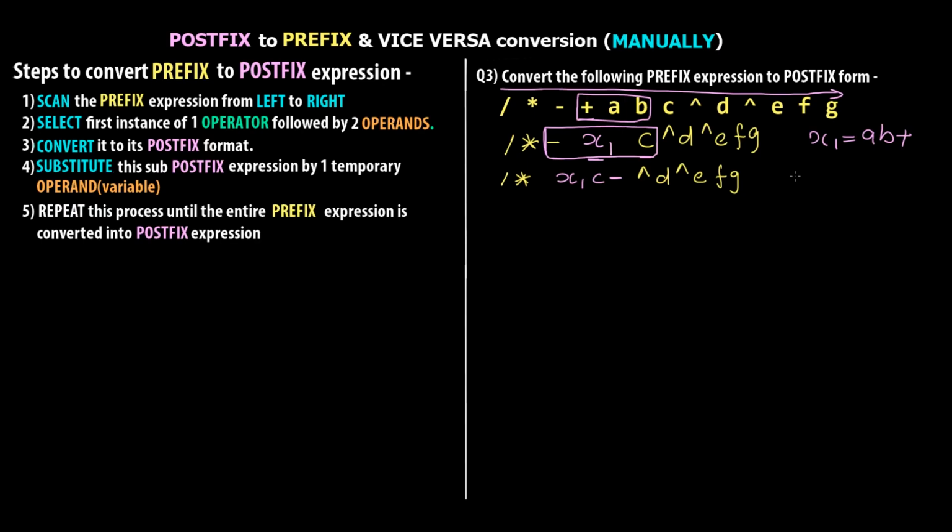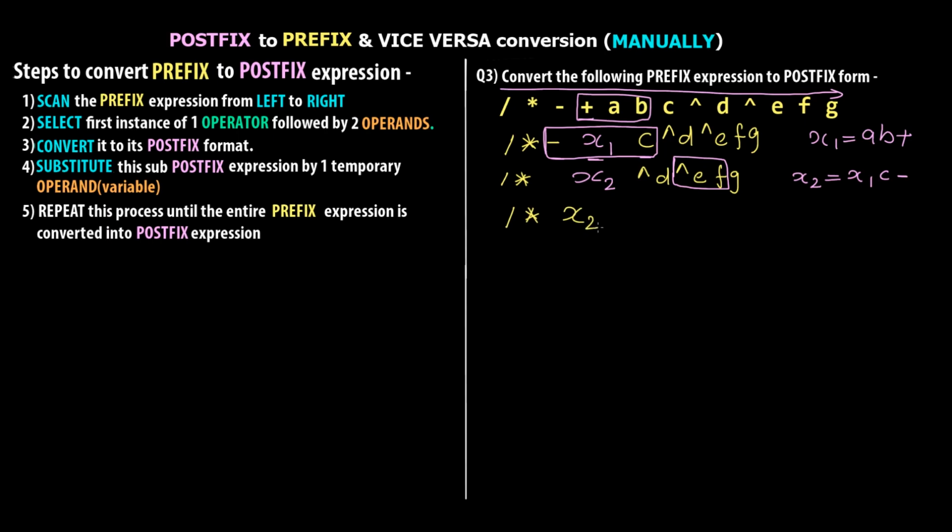Again we will say x2 is equal to x1 c minus. I'm gonna substitute it over here itself. So I'll write x2. Now if you scan this entire expression, the first pattern of one operator followed by two operands is this one. So let's convert this to its postfix format. Everything else is gonna be as it is. So I'm gonna write divide by star.